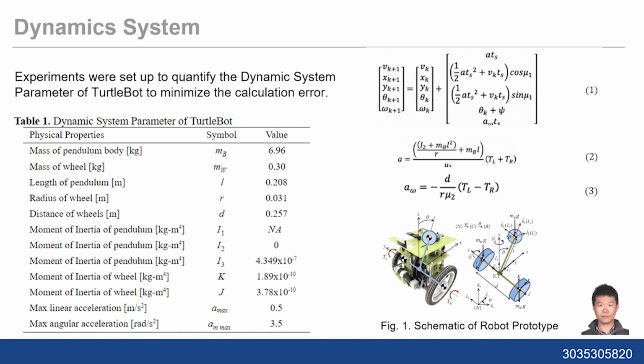The input vector TL, TR represents the torque of the left and right wheel motors. Ts is the interval time, which we set to 0.1 here. The definitions of other parameters can be found in the appendix.